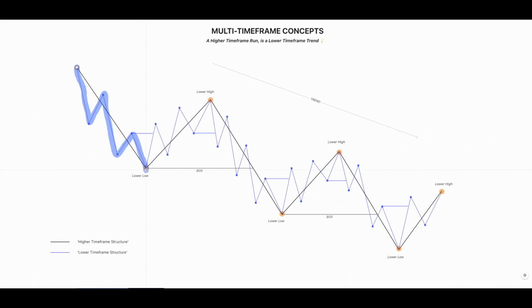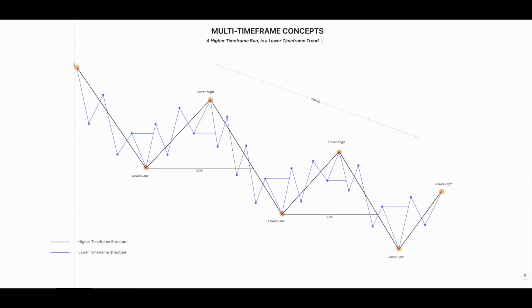Now, because the market's a fractal, what happens on the higher time frames must first happen on the lower time frames, okay? So what we'll see in a higher time frame bearish run is the lower time frames making a series of lower lows and lower highs, and then as the higher time frames start to pull back, we will first see the lower time frame switch trend, okay?